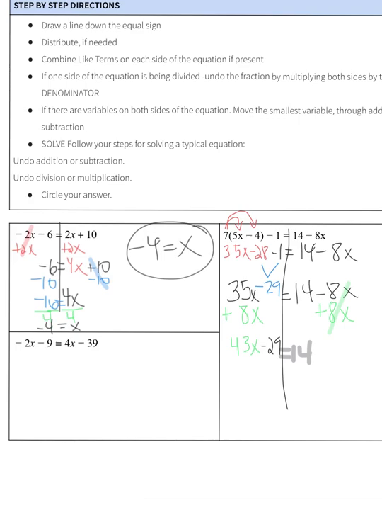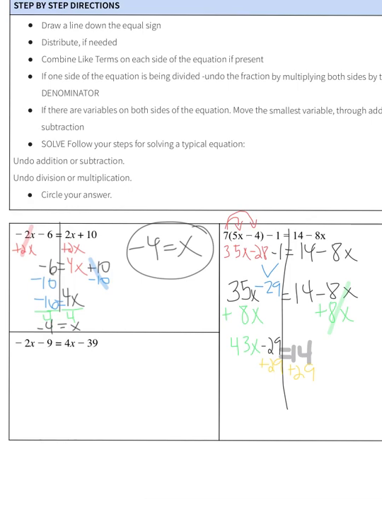Next, I need to undo any addition or subtraction. So I look over here, I have 43x minus 29. I have subtraction, so I'm going to undo my subtraction by adding 29 to both sides. So plus 29 and plus 29.